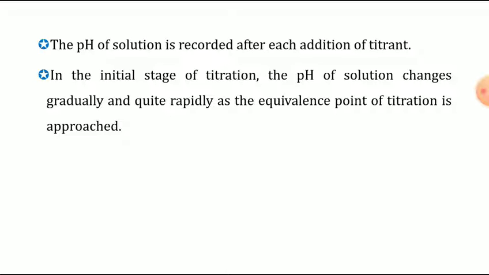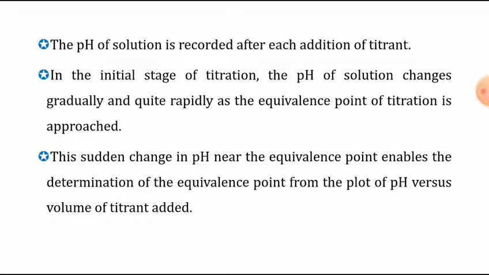That means when we do the pH metric titration and add the titrant solution from the burette into our sample solution, at the initial stage the pH of the solution changes steadily, and after the half equivalence point the pH changes rapidly as the equivalence point of the titration approaches.